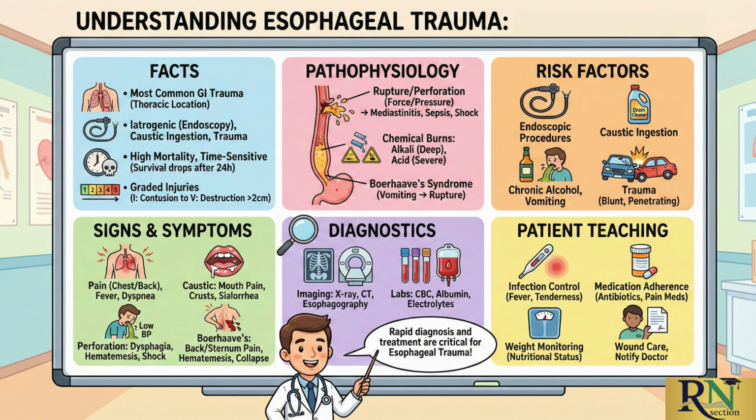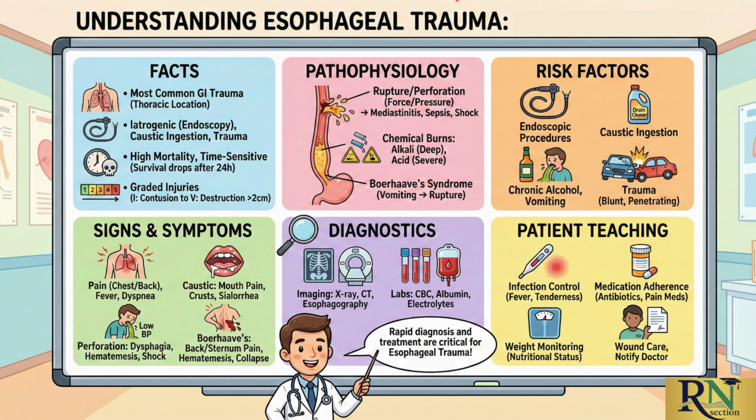Esophageal pressure from vomiting. We have the risk factors: endoscopic, diagnostic, and therapeutic intervention. Behavioral, which is ingestion of caustic substances, drain cleaners, or foreign objects.